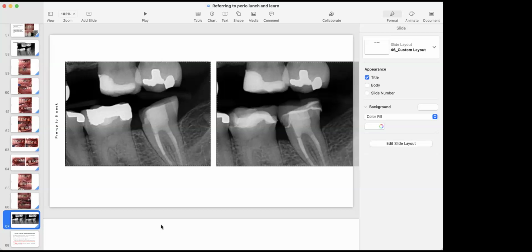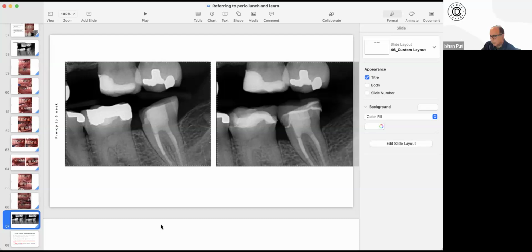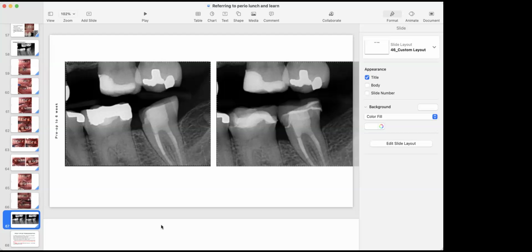But my guess is it's probably necrotic bone and it just needs to be opened and debrided. I've had a couple cases like that too, especially on the mandible. But yeah, it's probably something underlying that's causing it, but I think it just has to be opened up and removed.